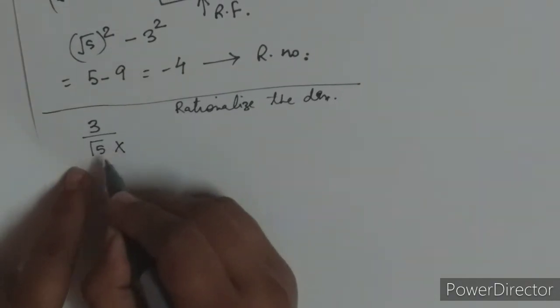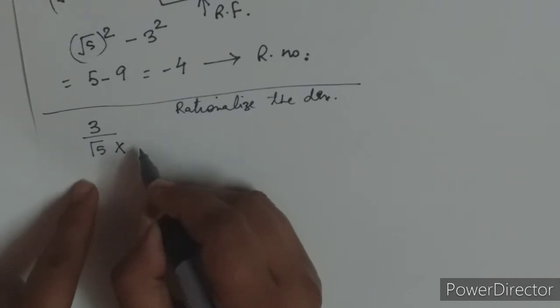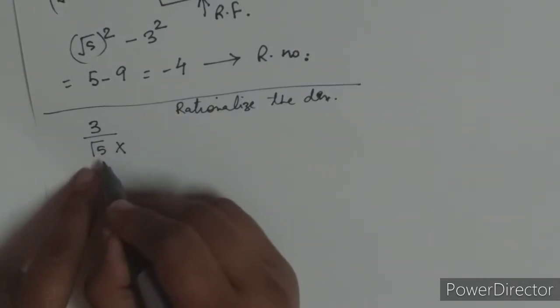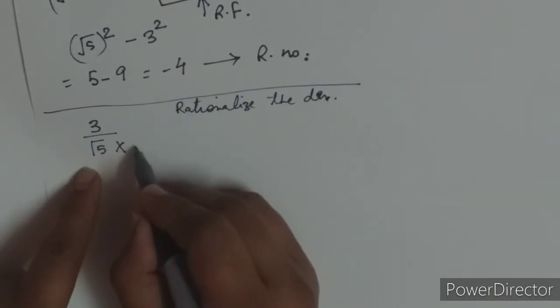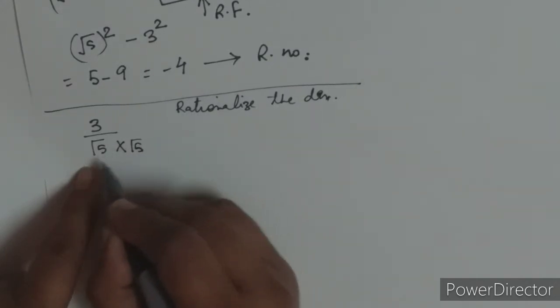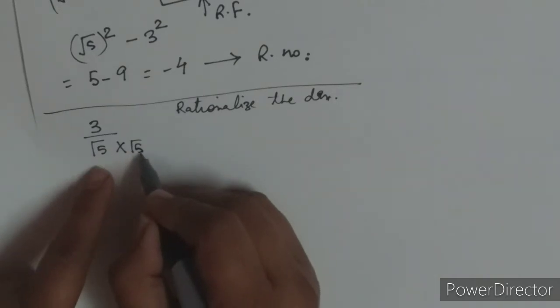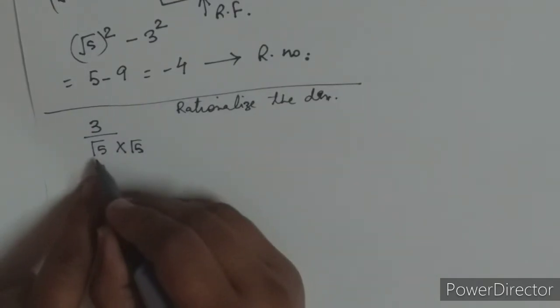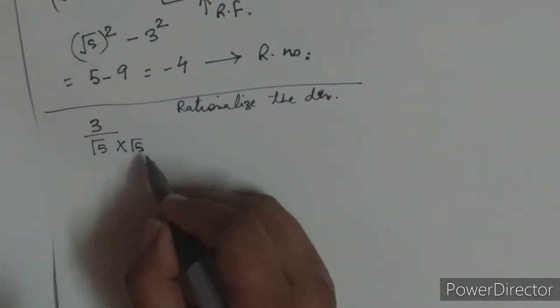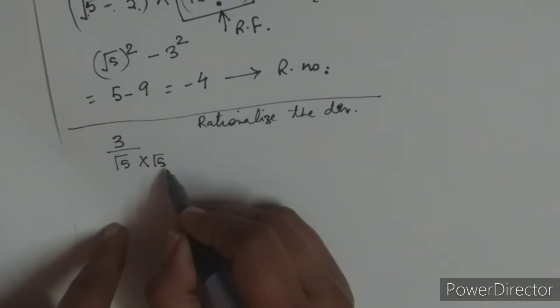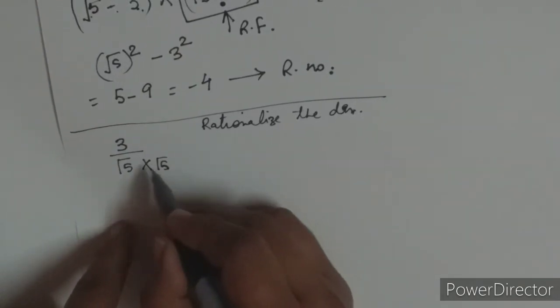And all of you by this time might have understood that the only solution to change root 5 into a rational number is to multiply it with one more number of that kind only. That means square root of 5 into square root of 5 will definitely give me 5. But can we do this to a number?